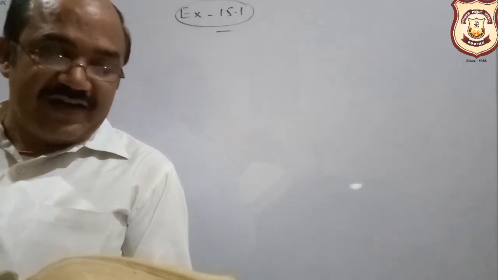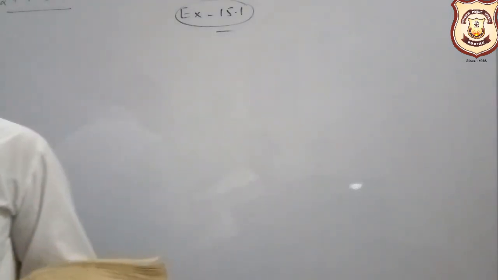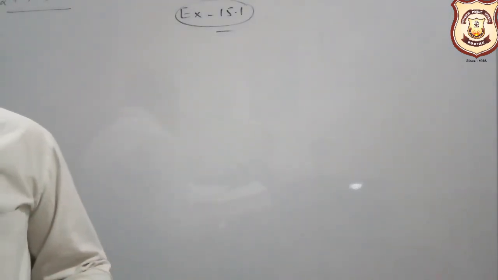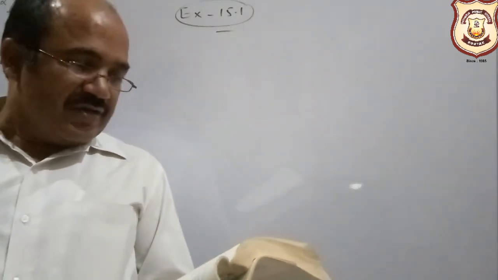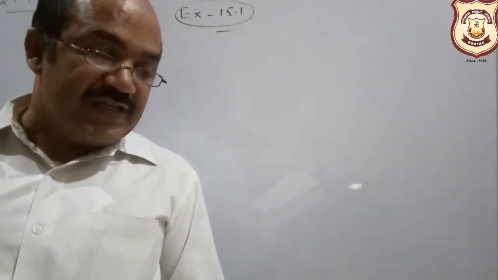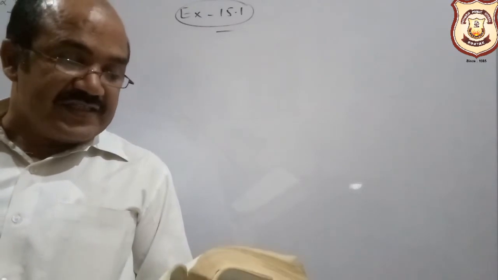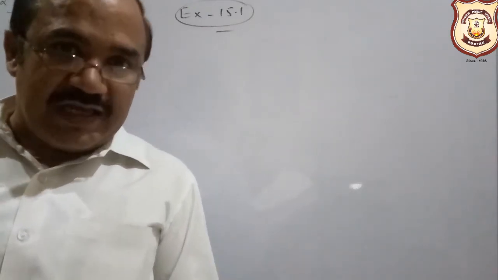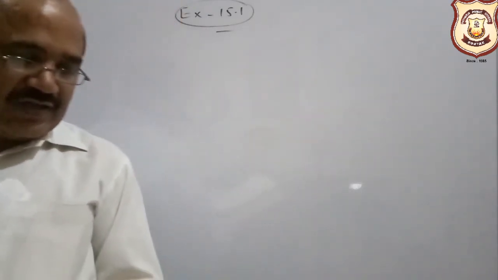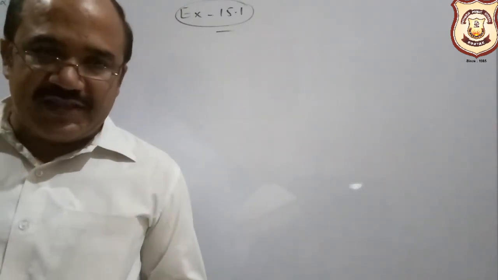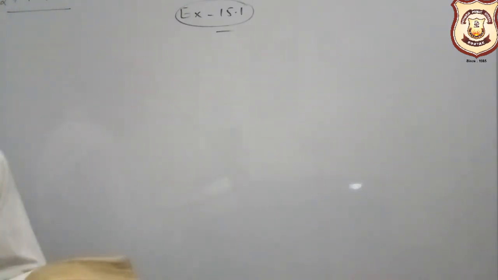Such an event is called blank. Event cannot happen means 0, and such an event is called an impossible event. So like this you will complete these fill in the blanks.